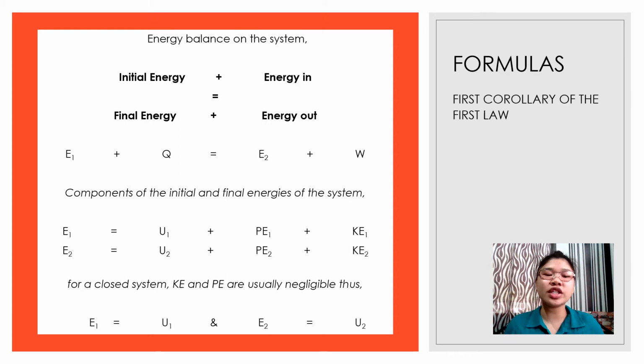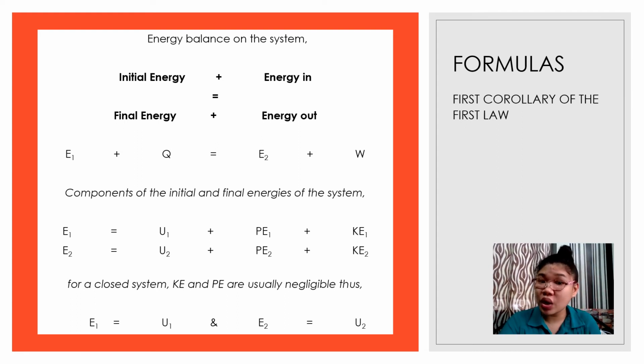The components of the initial and final energies of the system: for energy 1, we have U, which is internal energy, PE1, potential energy 1, and KE1, kinetic energy 1. And then for E2, we have internal energy 2, potential energy 2, and kinetic energy 2.